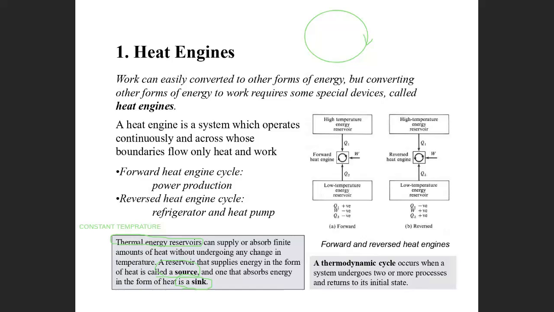Let's have a look at the forward heat engine. So we know there is some heat engine we invented. For this heat engine, across the boundary, there is only heat and work. Now let's see what the heat and the work are. I use the red color to indicate the heat.